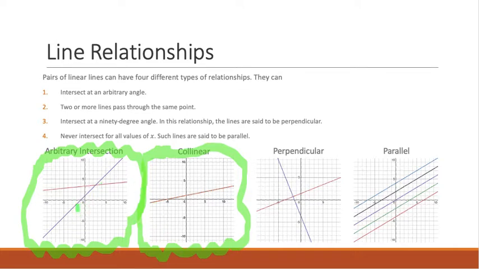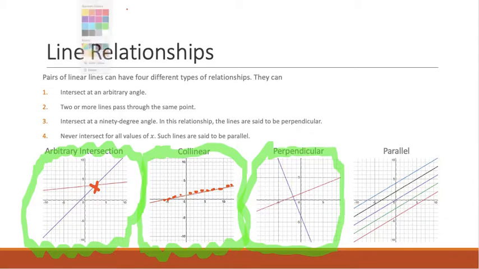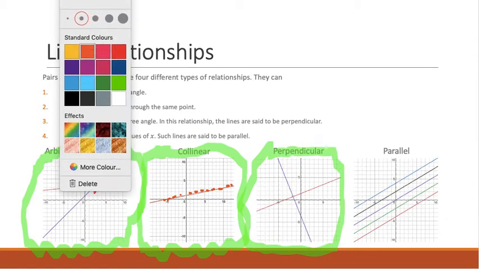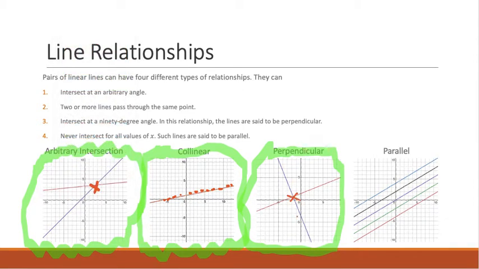The first one is if there's an arbitrary intersection, they're going to cross at this point here. For collinear, it's going to be all of these points, so there's going to be more than one solution there. And finally, if we have perpendicular lines, notice that there is a point of intersection right here.